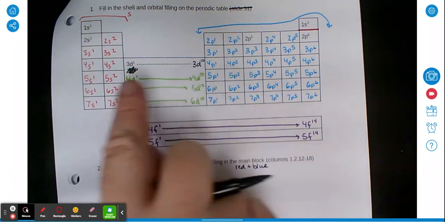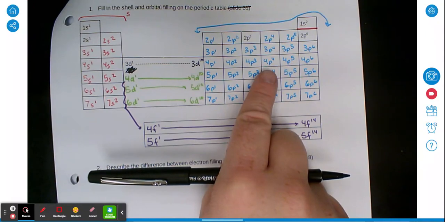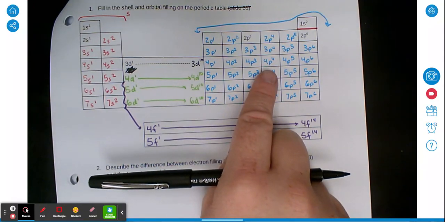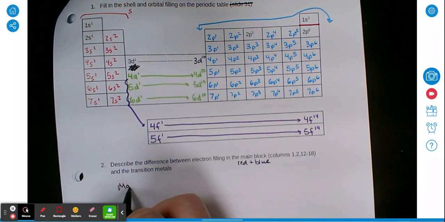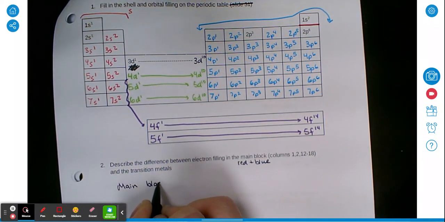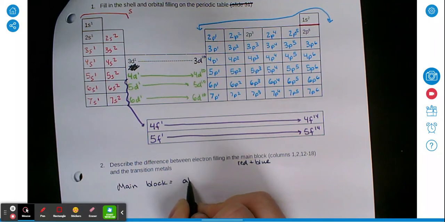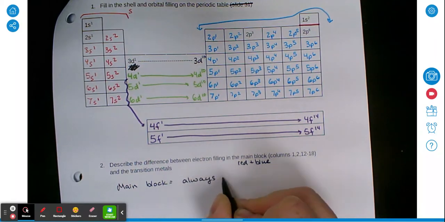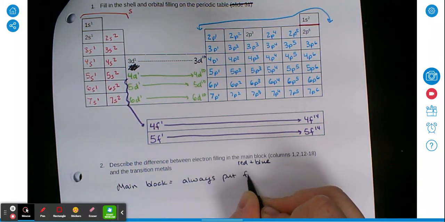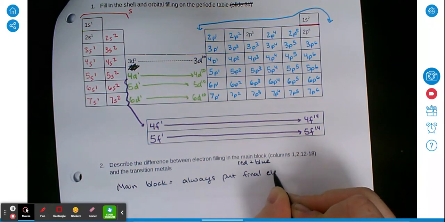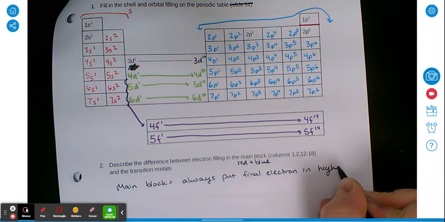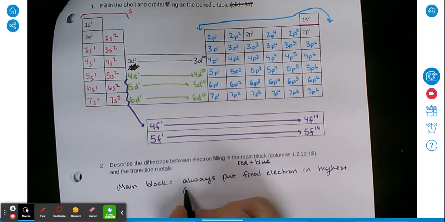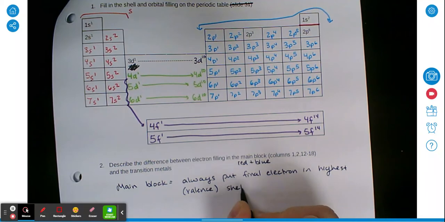My main block elements are always filling the largest shell or the highest energy level shell. They're always putting that final electron in the highest or the valence shell.